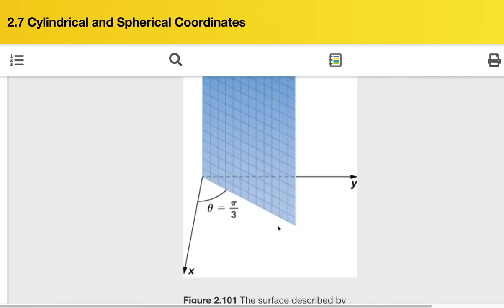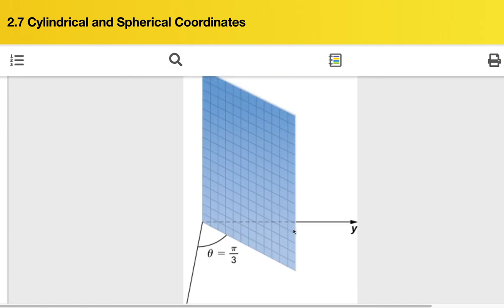Theta as a surface, remember theta is the angle from the x-axis to the r. R is the distance, the line segment from the projected actual point in the xy plane to the origin. So that's theta.